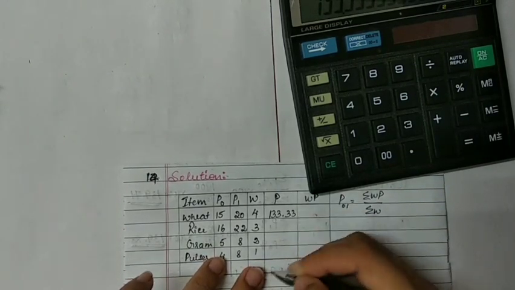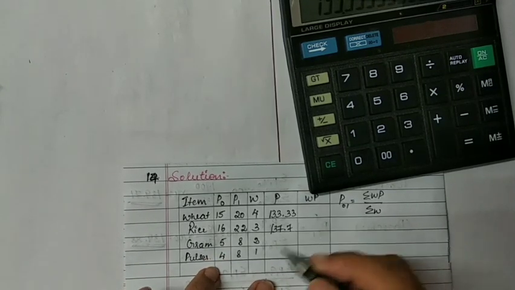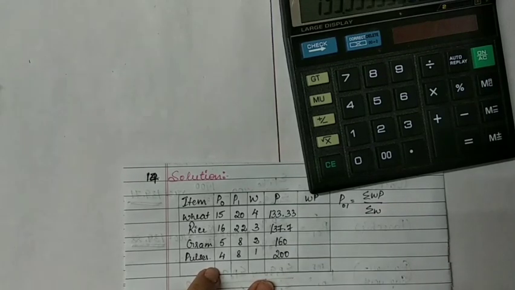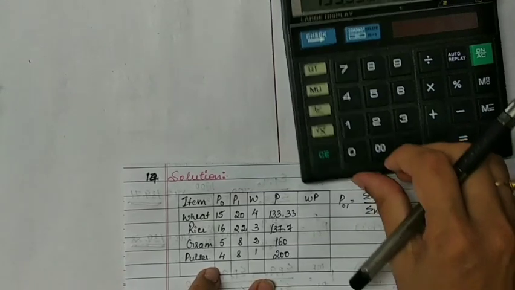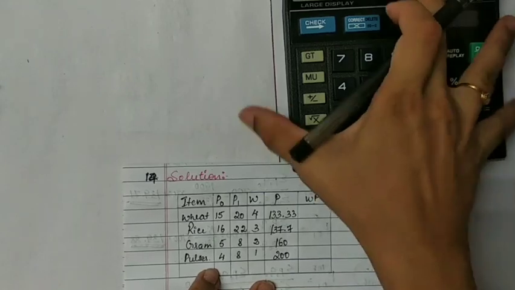Same way, calculate the remaining: 137. So we are done with calculating P, and the next step is calculation of WP, that is W into P.